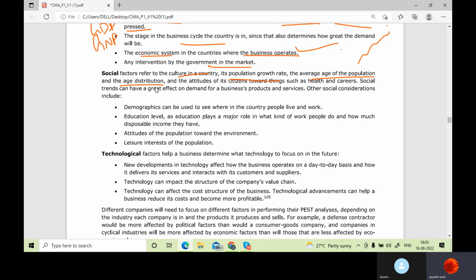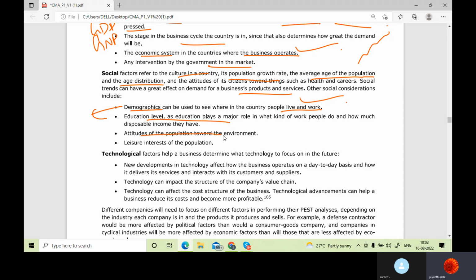Social trends can have a great effect on demand for a business's products and services. Other social considerations include demography. Demography means population. Demographics can be used to see where in the country people live and work, where the concentration of population is, and where they can get a talent pool.